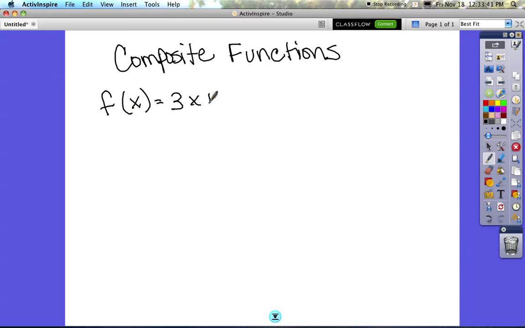Write these down. Okay, we're going to combine, and you'll see the notation of these two different ways. So I've got an f of x equation, which is 3x plus 1.